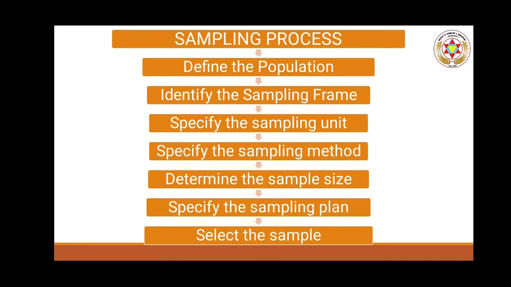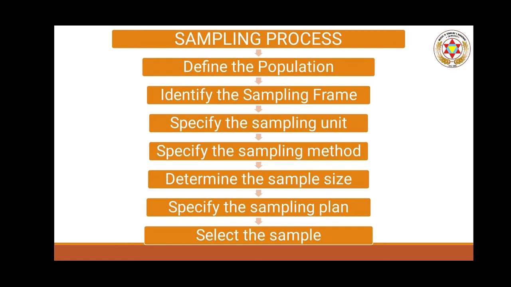Now let's try to understand the sampling process. This sampling process involves 7 steps, starting with the first one, that is defining the population. In order to understand what exactly the study is about, it is necessary to define the population.